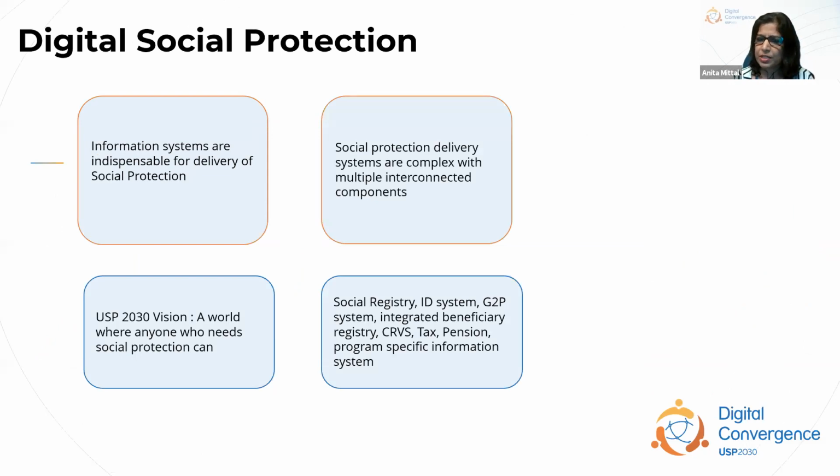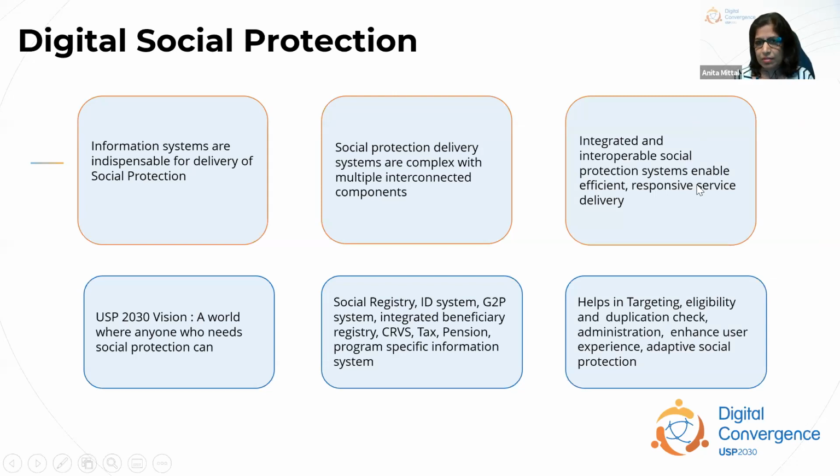Social protection delivery systems are complex. It's not just one single system, but it involves multiple systems working together, like social registry, ID system, G2P system, as we saw in the stack approach, or we see in Estonia's integrated architecture.